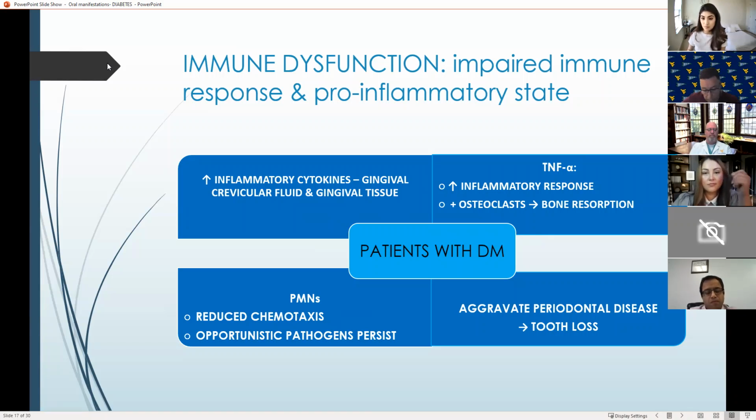In the case of periodontitis, especially the PMN response seems to be impaired, characterized by reduced chemotaxis of these cells. This might cause opportunistic pathogens in the biofilm to persist over time, thereby causing the abnormal inflammation to remain, which enhances the progression of periodontitis.